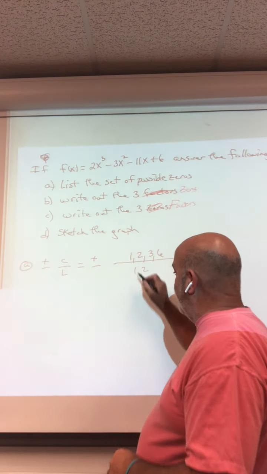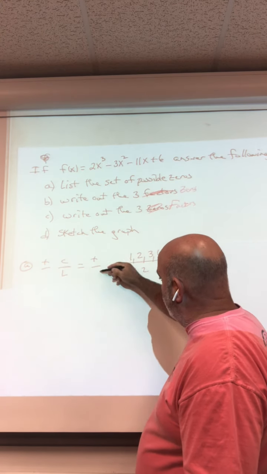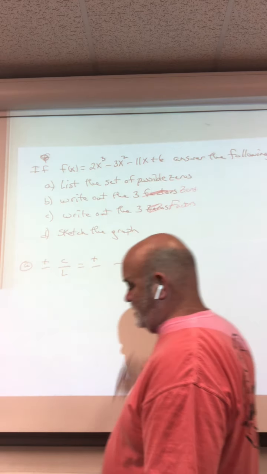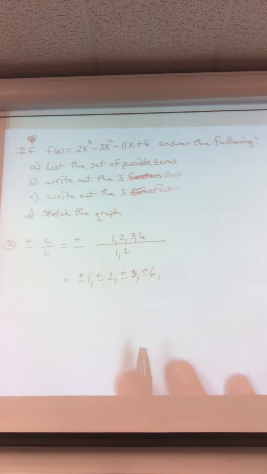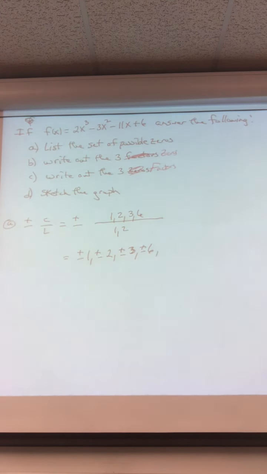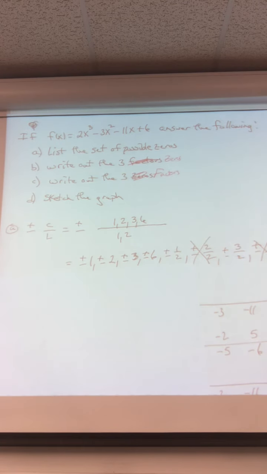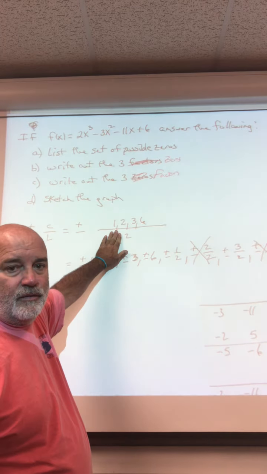All right, remember, take your pencil and circle this. Then it's going to be plus or minus 1 over 1, 2 over 1, 3 over 1, 6 over 1. And then you mark this out.